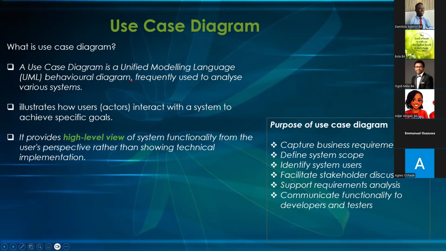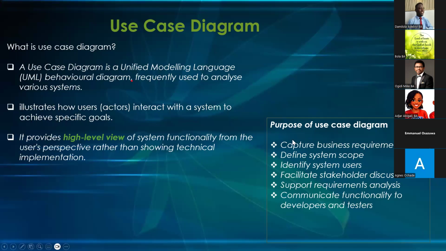It also provides a high-level view of the system functionalities from the perspective of the user, not from the technical perspective: how the users would interact with the system, not how it's going to be built.